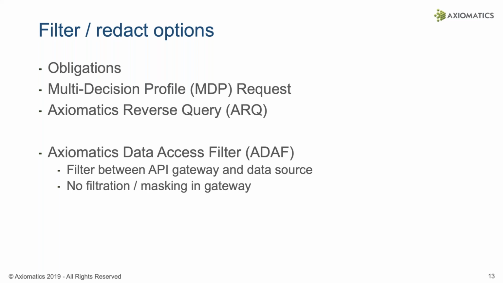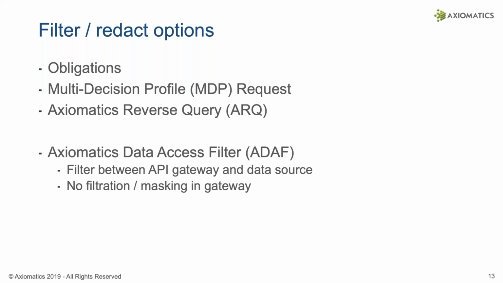The third thing is not part of the XACML standard. It's something that Axiomatics have as a separate authorization endpoint on our authorization engine, which is called Axiomatics Reverse Query, or ARQ in short. This is the way of asking open-ended questions. So we'll look in detail to how we can leverage that for this type of scenario as well.